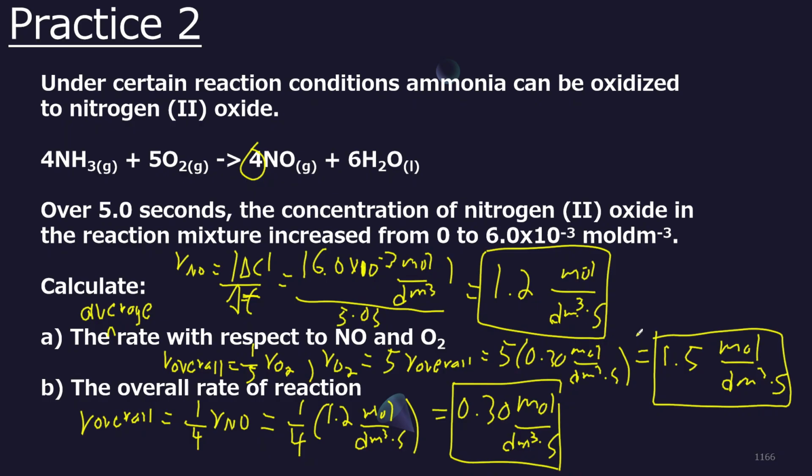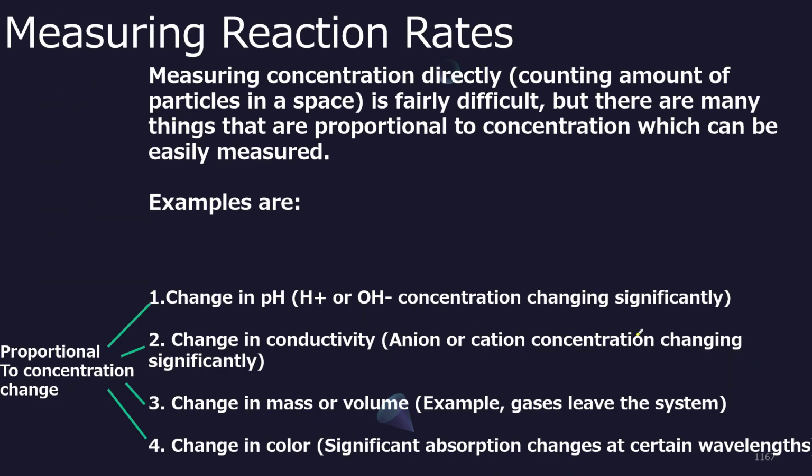Okay, good. Moving on. So measuring reaction rates. I just want to mention how you might actually do this in the laboratory, because it's very difficult to measure concentration directly. Counting the amount of particles in a 3D space is fairly difficult. But there are many things that have a relationship with concentration that can be easily measured.